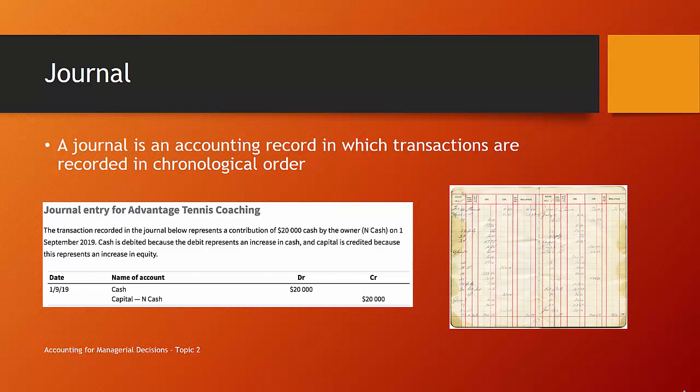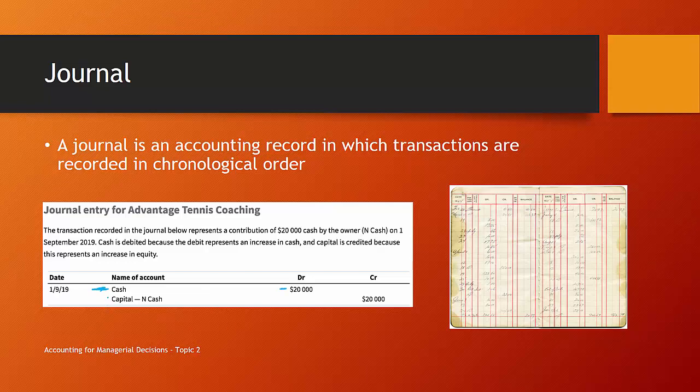And the way it gets set up is if you have an account which requires a debit, you debit it. If you have an account which requires it to be credited, you credit it. So in this first entry, we have cash, which is an asset increasing in the business, and assets increase with a debit. So the cash asset here gets debited 20,000.